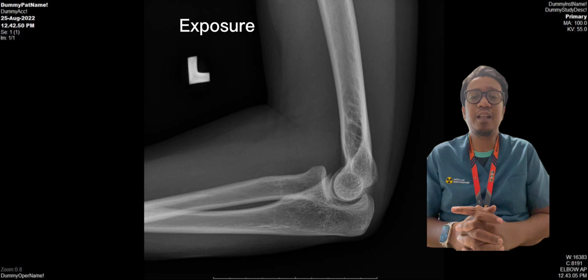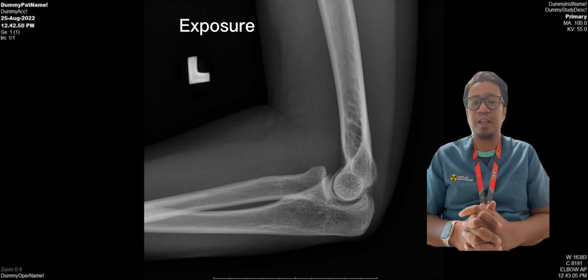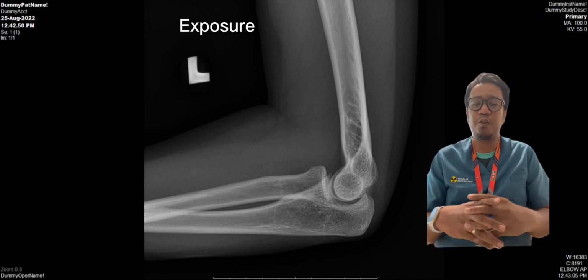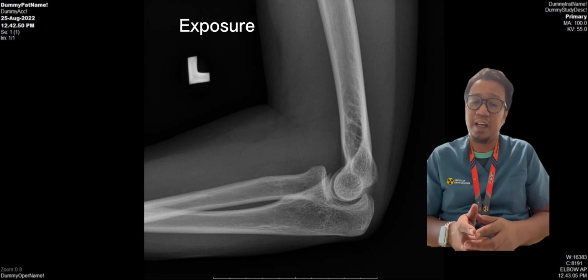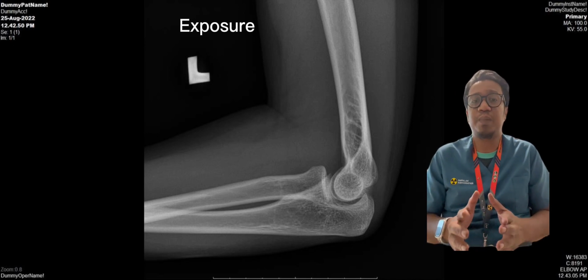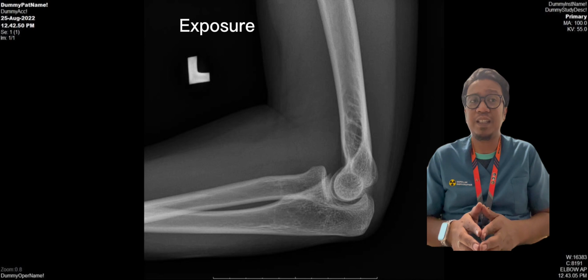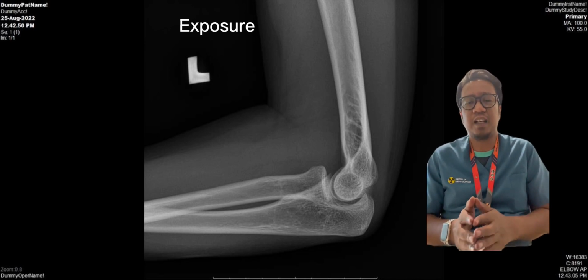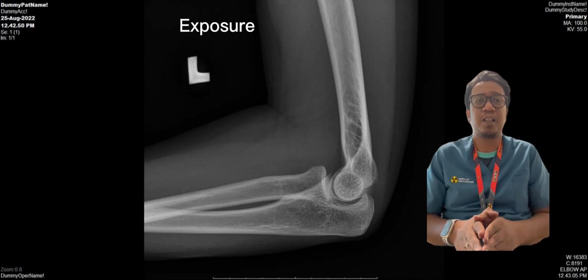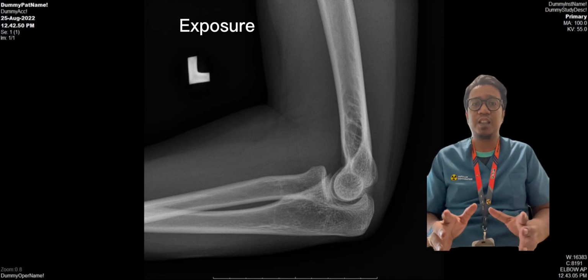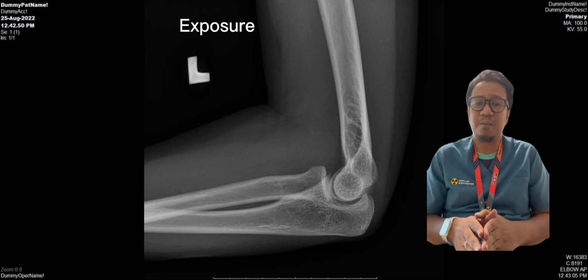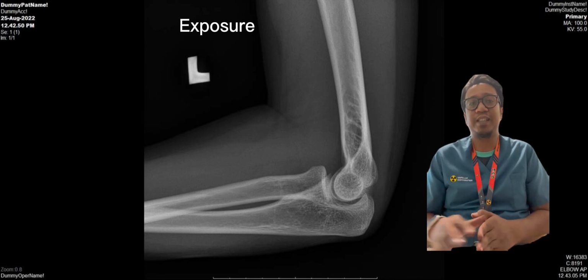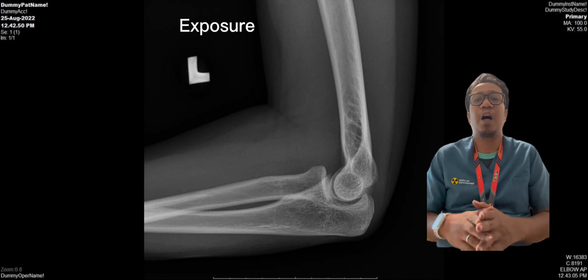E is for exposure. From the radiograph, the kVp used is adequate for penetration and radiographic contrast. This is because the bony cortical outline of the thin structure, which is the humerus and radius ulna, can be seen, and the bony cortical outline of the thick structure, which is the lateral and medial epicondyle, also can be seen. How about mAs?